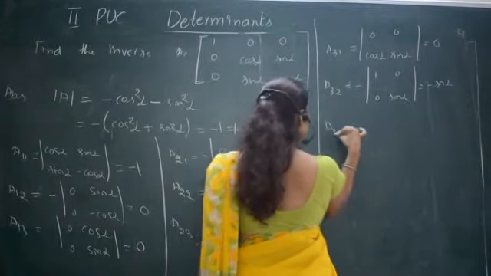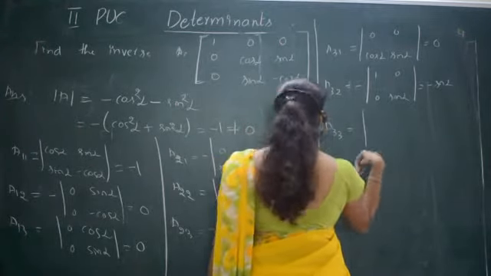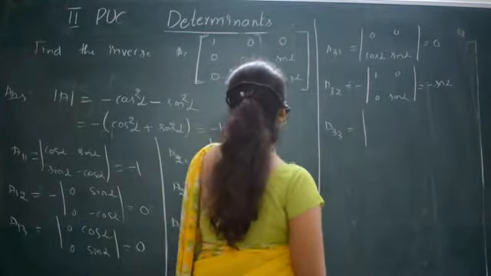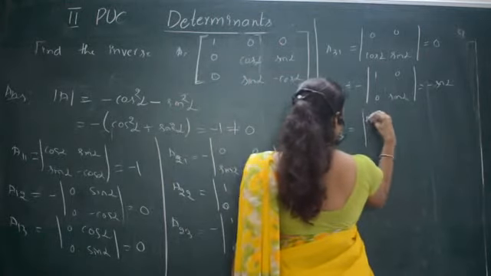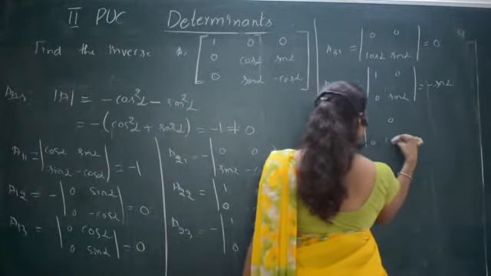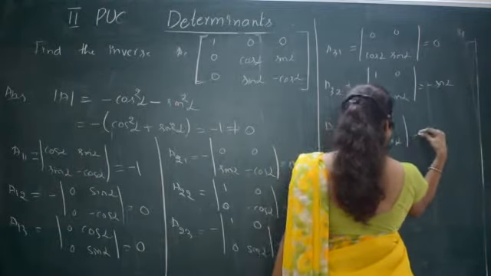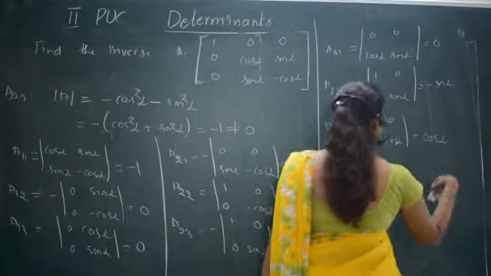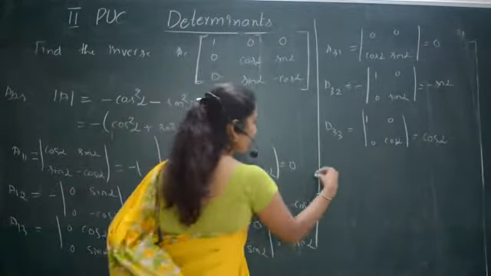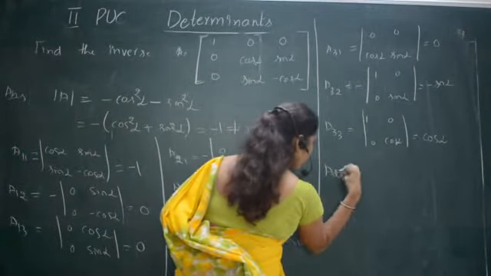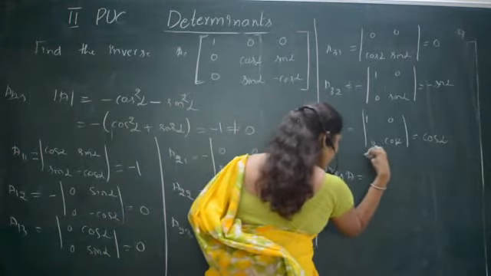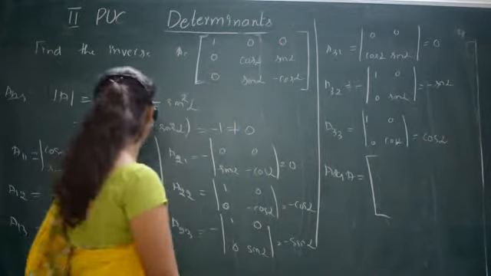Then A33 is plus now. It is 1 0 0 cos alpha. This is equal to cos alpha. Therefore, adjoint of A is the matrix obtained by taking the transpose.